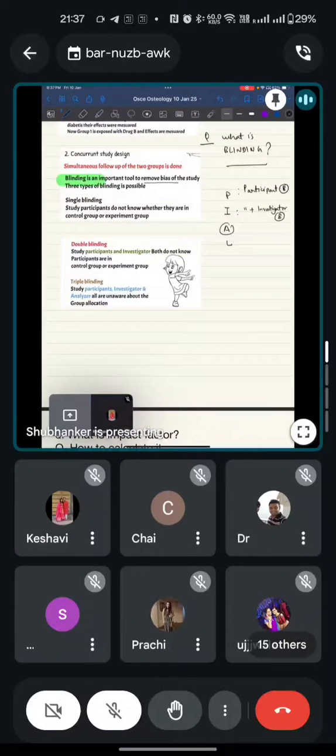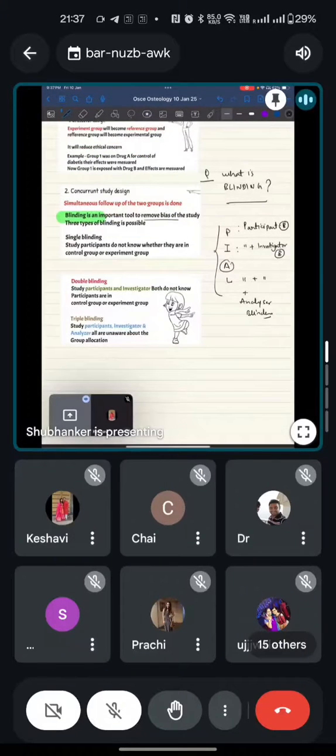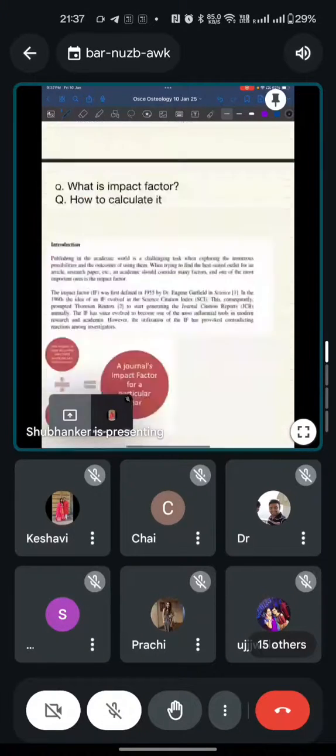And third is A: all 3, P plus I plus analyzer, are blinded. God knows why they are doing the study when everybody is blinded. So please remember it. This can be a 1 mark question: what is blinding and what are the types of blinding?